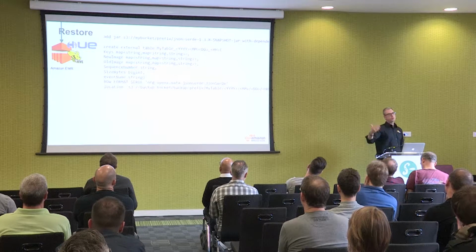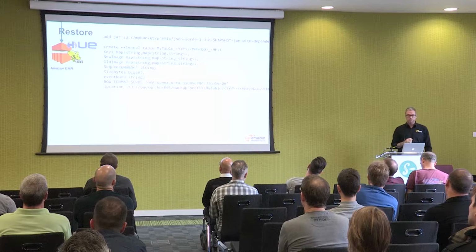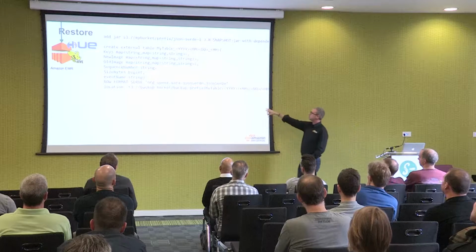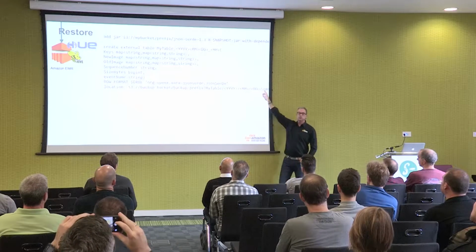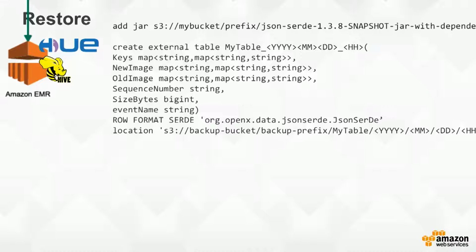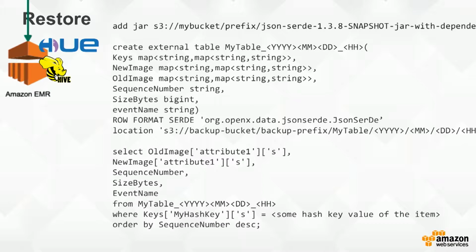Every single change made to our Dynamo table will be in this backup set. And then you just tell it, hey, what's the location? One nice thing about Firehose, it builds in time into the structure on S3 so that you can find specific changes and really target a range of time. And then, great, we just issue a query.